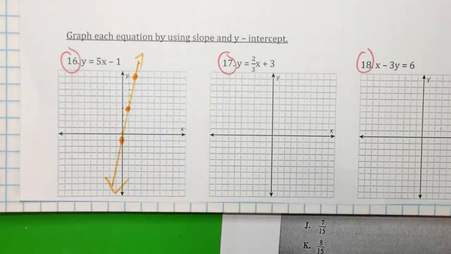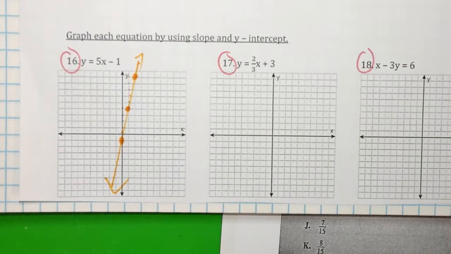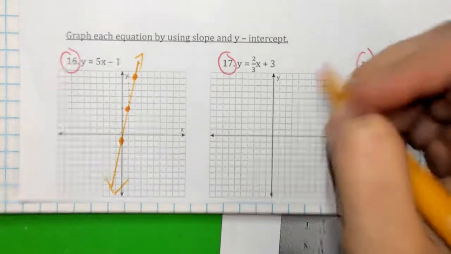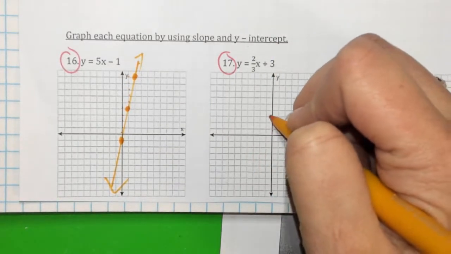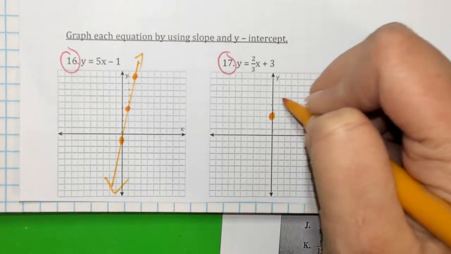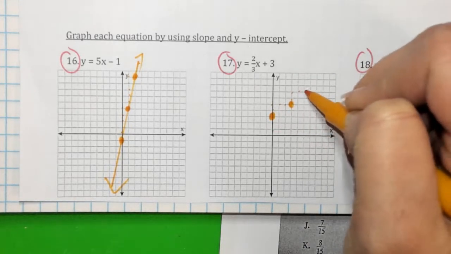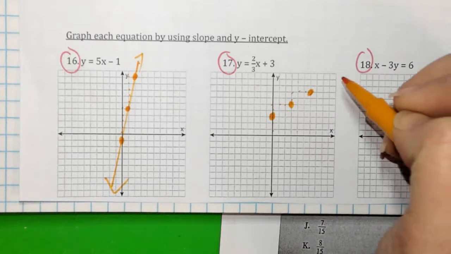It's an equal sign, so it needs to be a solid line. Alright, now what do we do for number 17? Up, and then up, do it again.